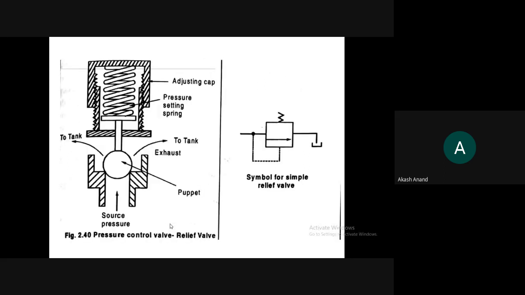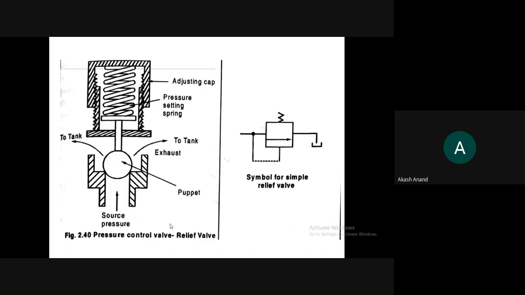With the help of this arrangement, they are actually achieving this result. You can see a poppet which is held seated inside the valve by a heavy spring, and when the system pressure reaches a high enough level, the poppet is forced off its seat. This allows the flow through the outlet to the tank as long as the high pressure level is maintained.